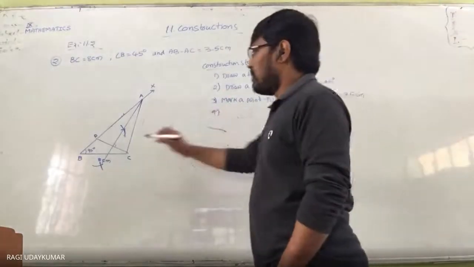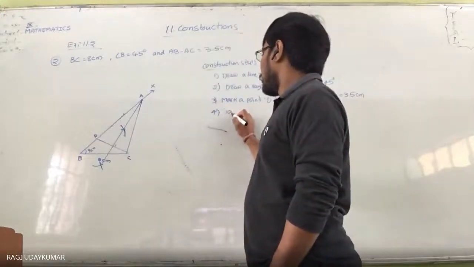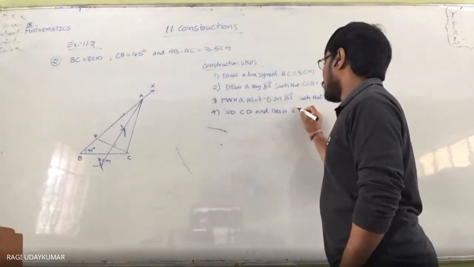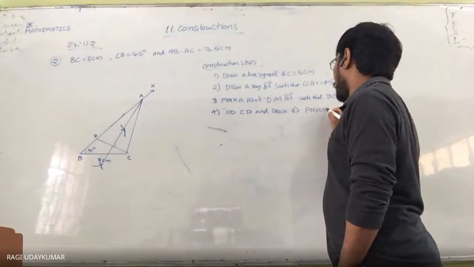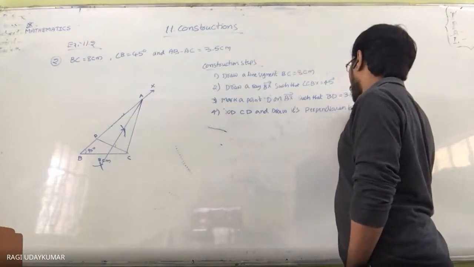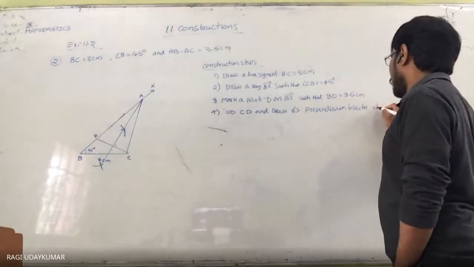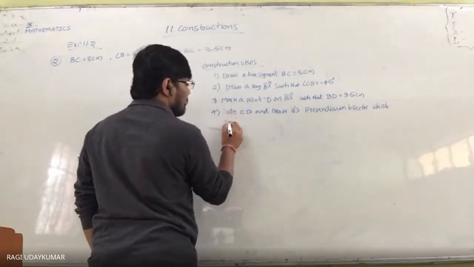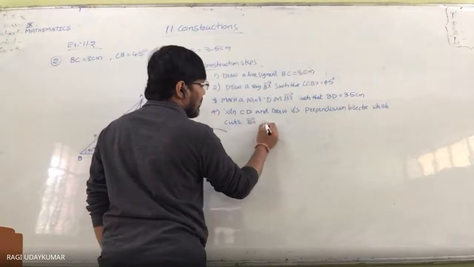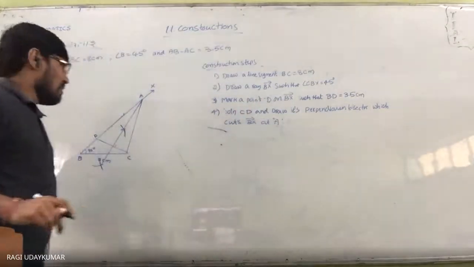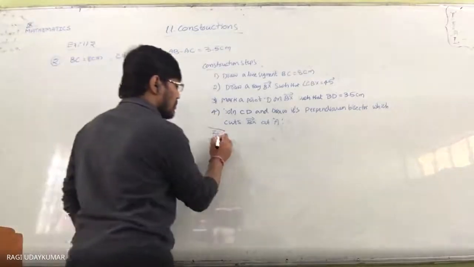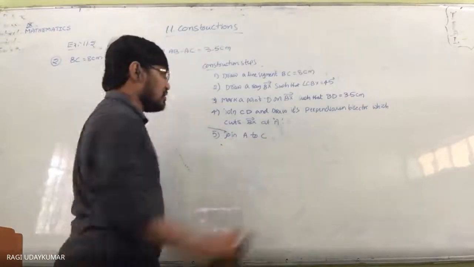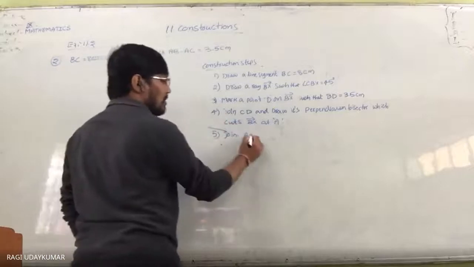Then after marking the point D, join CD and draw its perpendicular bisector, which cuts BX at A. So next, join A to C, AC.